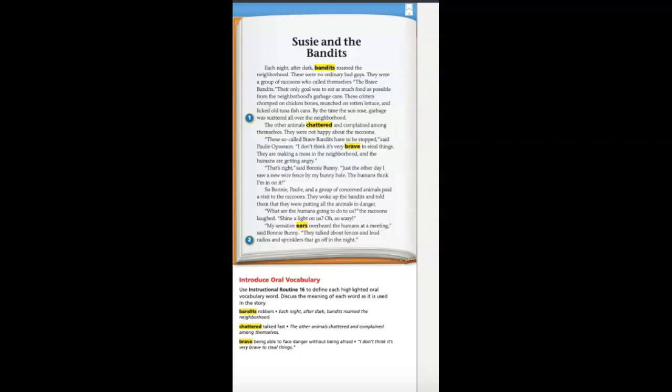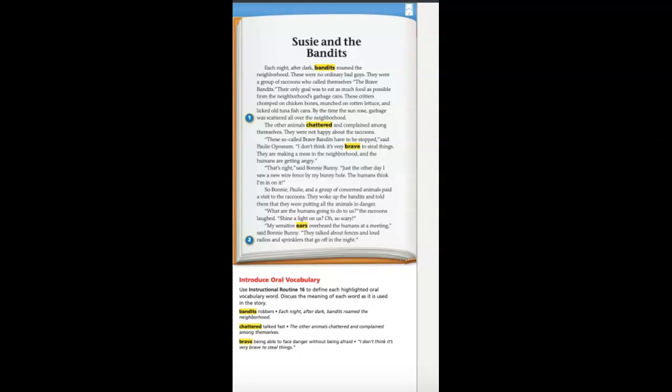These critters chomped on chicken bones, munched on rotten lettuce, and licked old tuna fish cans. By the time the sun rose, garbage was scattered all over the neighborhood. The other animals chattered and complained among themselves.